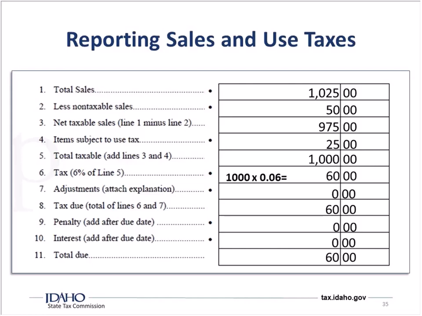It takes a while to get that. And the first option that you really want to do is go back to the vendor that you bought that stuff from and paid tax on and let them know that it should have been exempt and ask them to refund you the tax. Some will, some won't. And if they don't, then you file the form with us and we'll refund it to you. But it doesn't go on this.